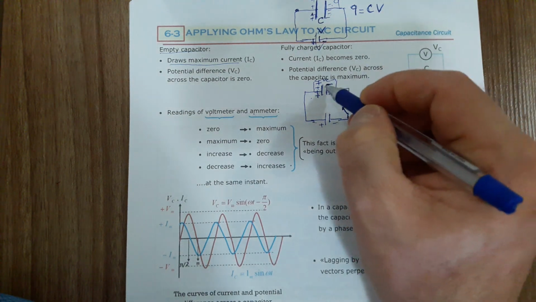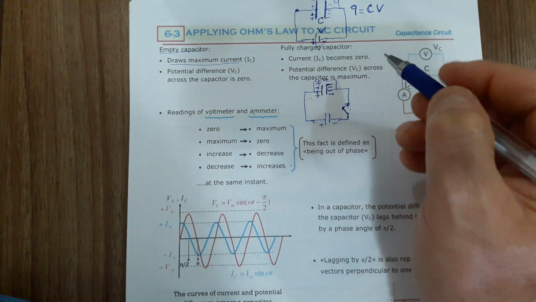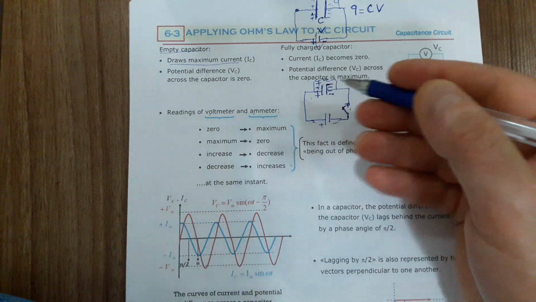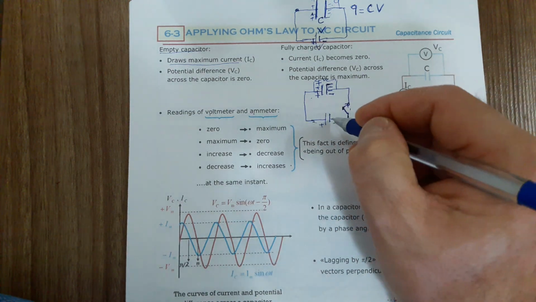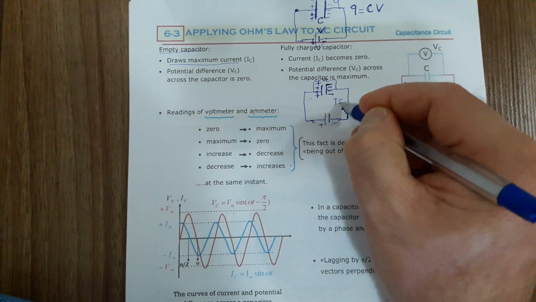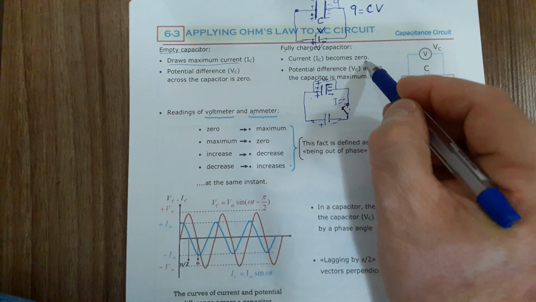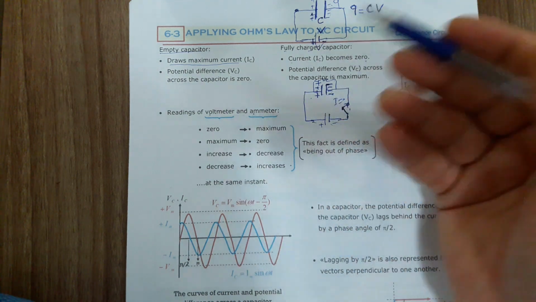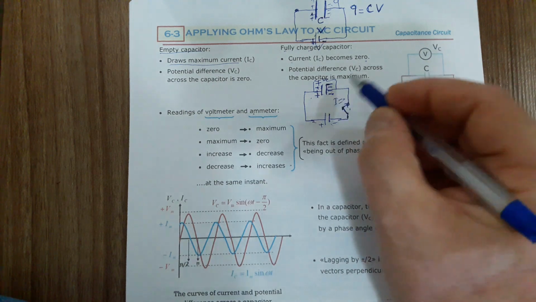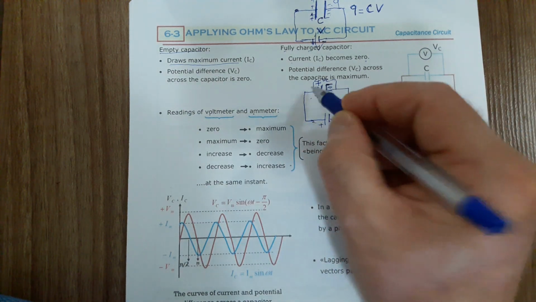So when it's completely charged, the potential difference between the plates becomes maximum. But because there is no space for additional charges, the electric current flowing from the battery to the capacitor will be zero. But the potential difference becomes maximum because the capacitor is completely polarized.